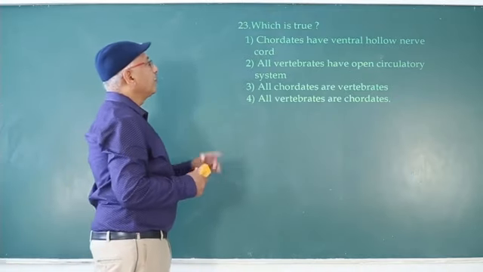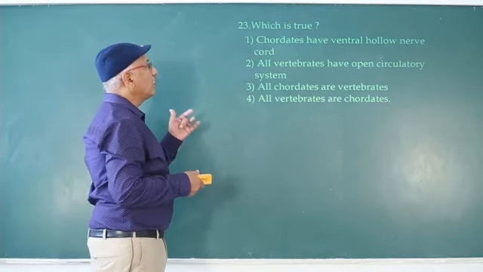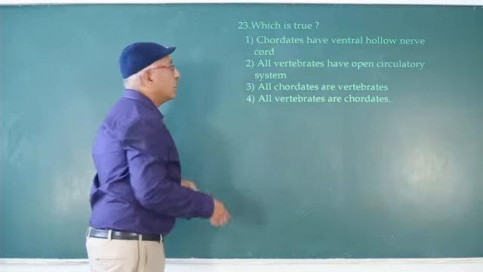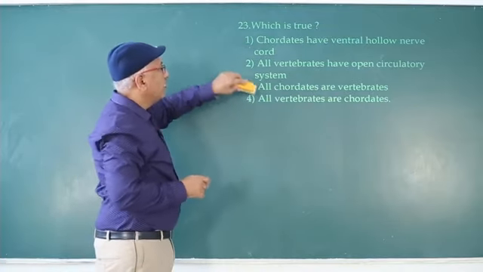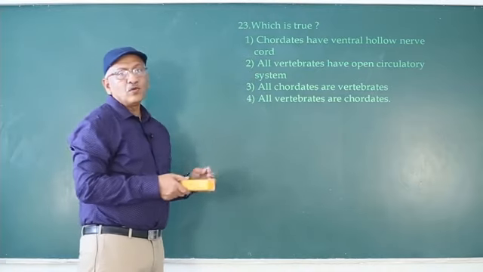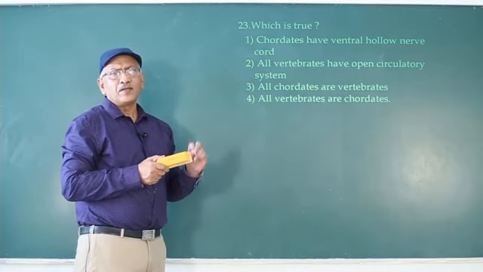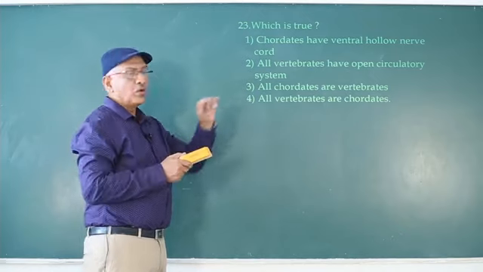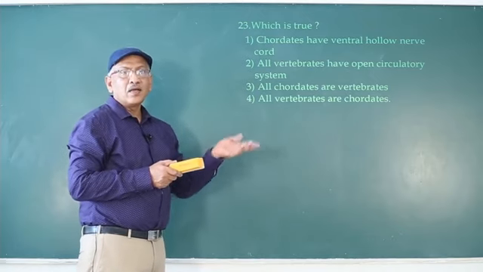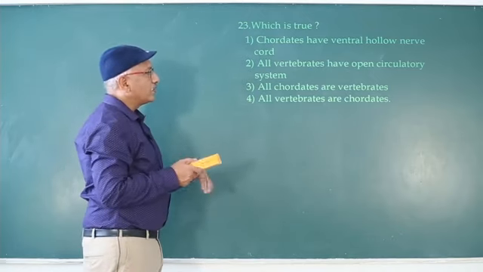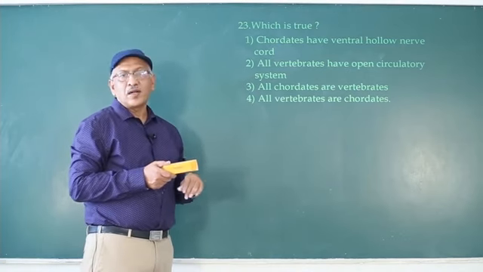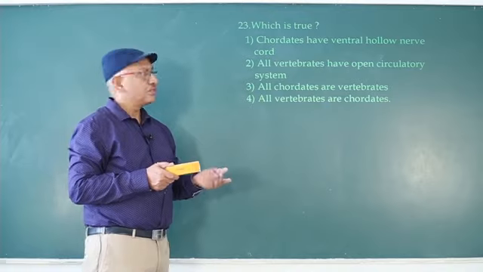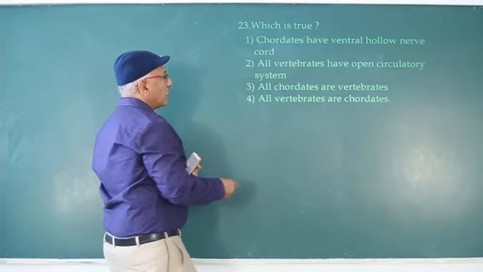Which is true? Chordates have a ventral hollow nerve cord. Wrong. All vertebrates have an open circulatory system. Wrong. Open circulatory system is seen only in Urochordata. All chordates are vertebrates. Wrong. Urochordata and Cephalochordata are not vertebrates. All vertebrates are chordates.